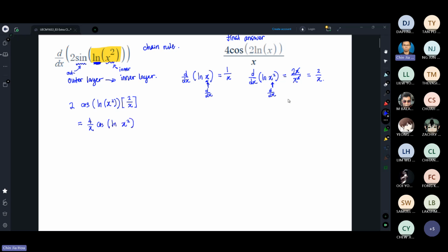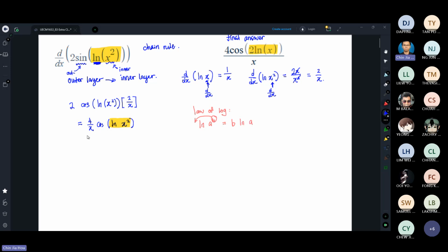But you notice that the answer here is slightly different from the final answer because of the law of log. By the law of log, if we have log of A with the power of B, we can take this power out of the log, which gives us B log A. This is the law of log.